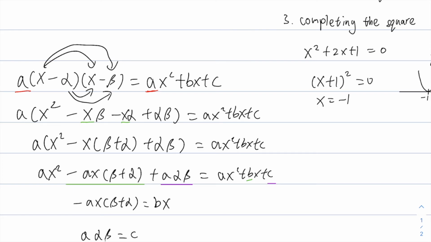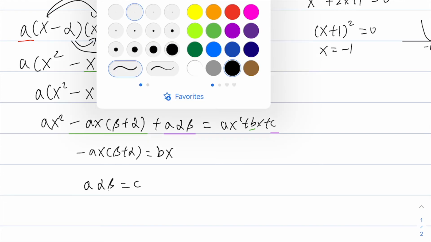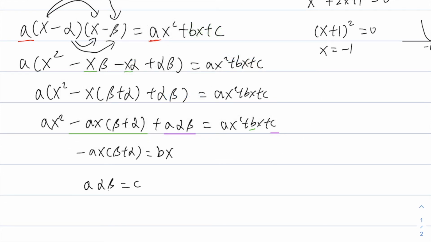What we mean by the sum of roots and product of roots is that sum means plus, and that would be here, plus. So the whole thing is called the sum of roots, which is here, and product means multiply, which is timesing, which is here. Then those are the sum and product of roots.